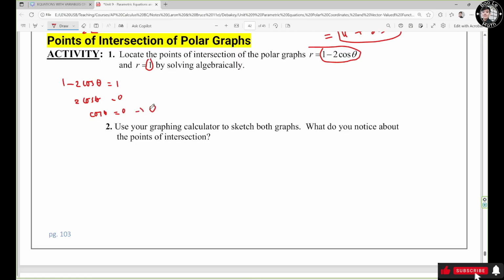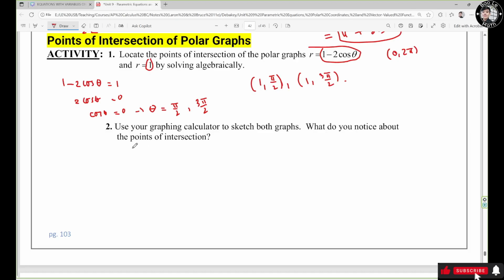So theta equals pi over 2 and 3 pi over 2, right? Suppose the domain should be 0 to 2 pi, right? So we have the points of intersection are going to be 1 comma pi over 2 and 1 comma 3 pi over 2, right?